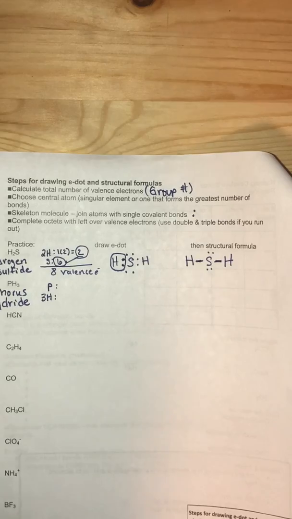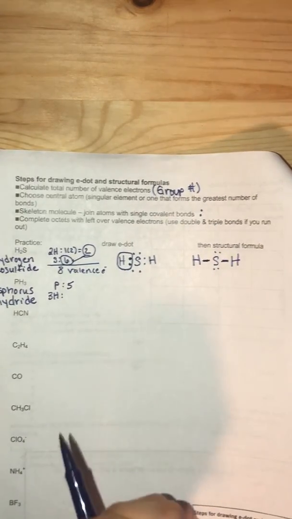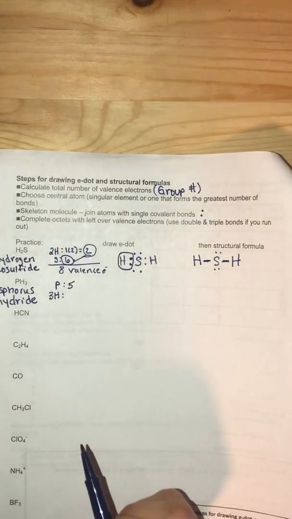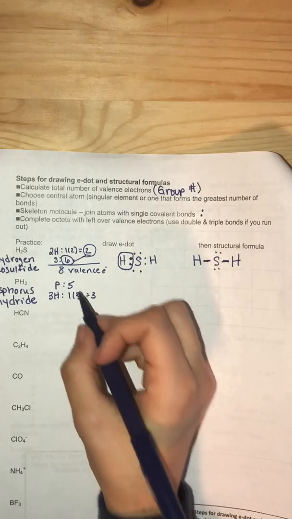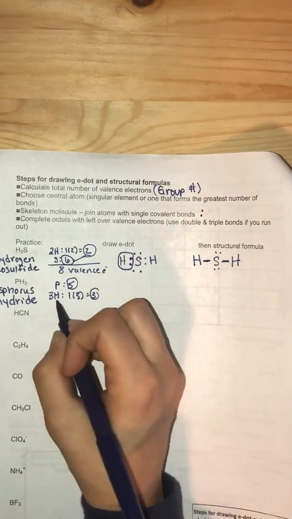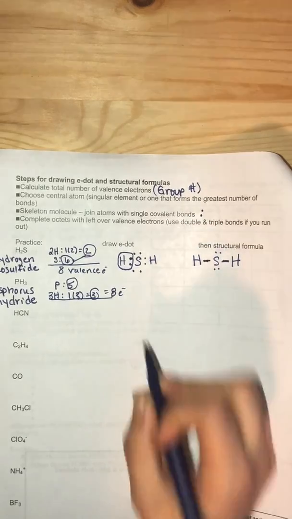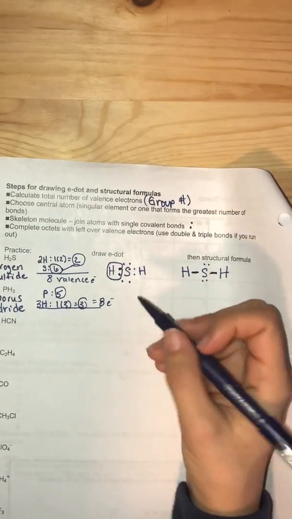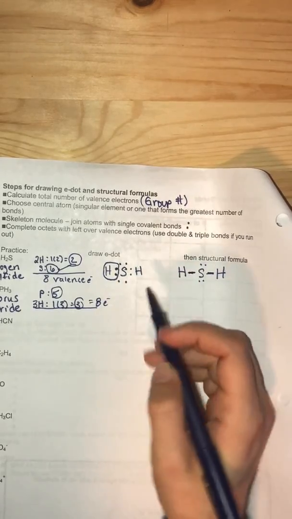Phosphorus is in group 5A, so it's going to have 5 valence electrons. Each hydrogen has 1 valence electron, and there's 3 of them. 1 times 3 equals 3. So we're going to take 5 plus 3, that equals 8 valence electrons. Okay? So in our E dot diagram, we should have 8 total, just like we did up here.